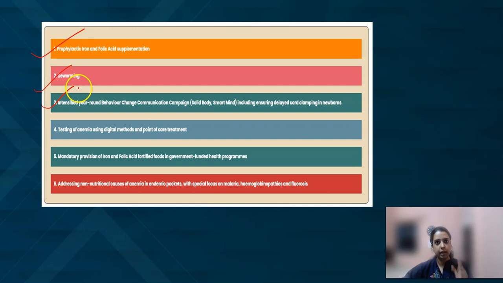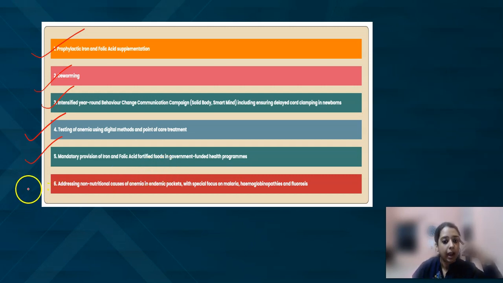In delayed cord clamping, more blood is going to the baby and the chances of anemia are decreasing. Then testing for anemia and treating, then provision of iron and folic acid fortified food. So now wheat flours are coming with the fortification of iron and folic acid, and addressing the non-nutritional causes of anemia. So these are 6 interventions done in each of these 6 beneficiaries.